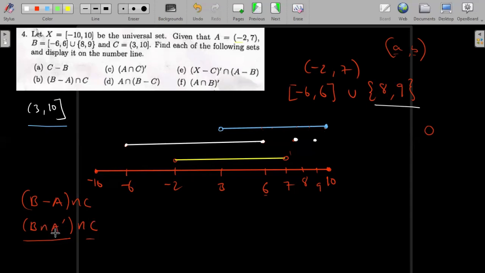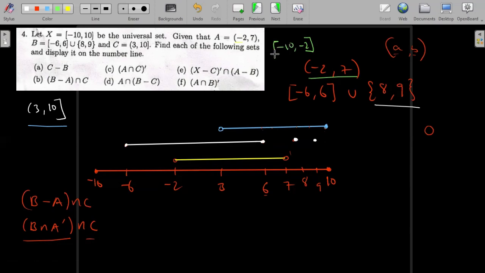intersect that with A complement. So our set A is the one in yellow. Then what is going to be our complement? Our A is from -2 to 7, meaning our complement will first go, -2 is not in A, meaning -2 will sit in the complement, all the way down to -10.